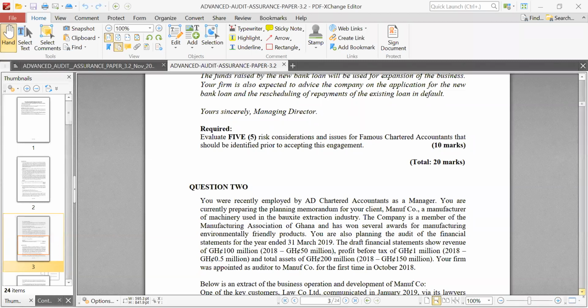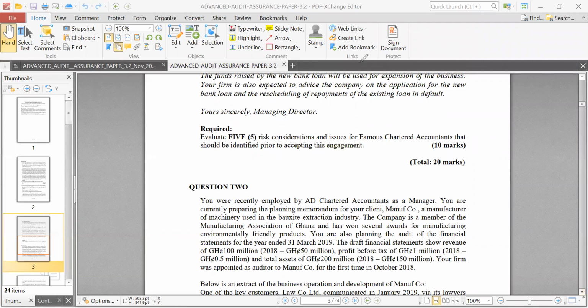The key word here is prior to accepting the engagement. Very, very important. Always, that's a key word. So don't forget that. Prior to accepting the engagement.